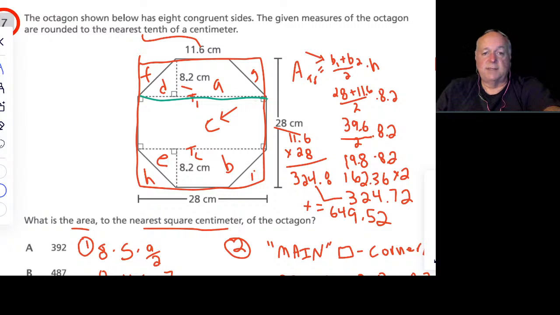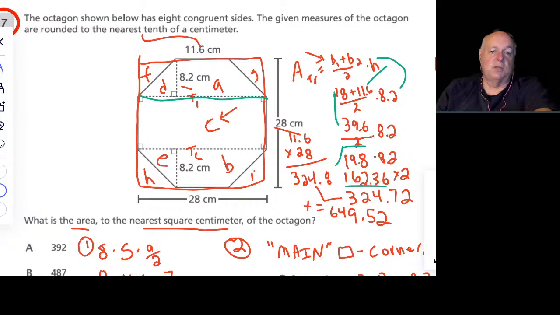So we add the two bases, 28 plus 11.6, divided by 2, times the height. That's 39.6 divided by 2, which becomes 19.8, times 8.2. And then we get 162.36 as the area of trapezoid 1.